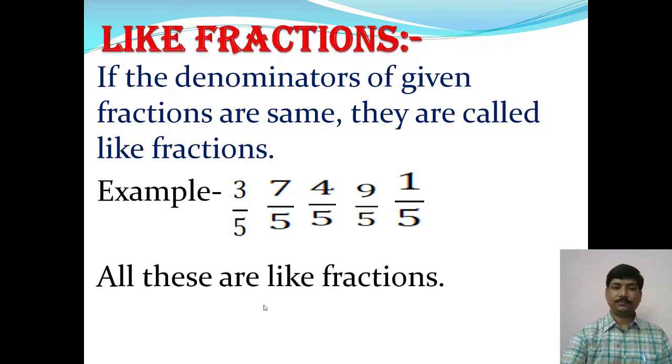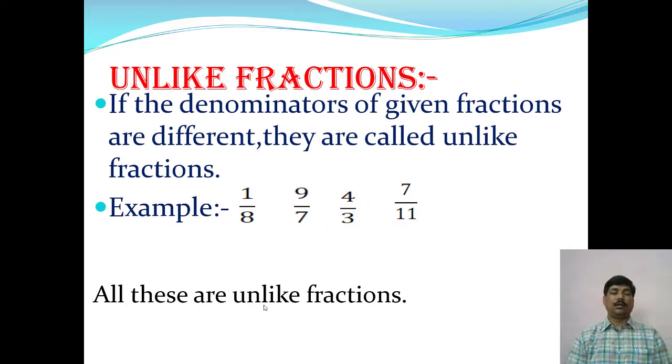Next, unlike fractions. Which fractions are unlike fractions? If two or more fractions are given, then how can we identify which group of fractions is a group of unlike fractions?